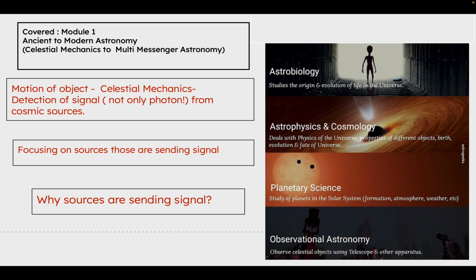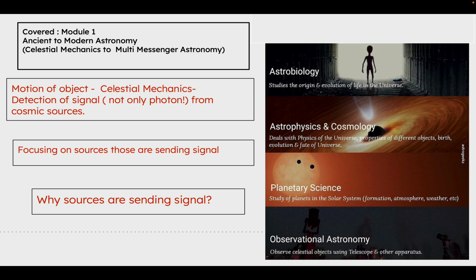People who study observational astronomy observe celestial objects using telescopes and other apparatus. They can observe extragalactic sources or galactic sources. They design telescopes and improve telescope designs for a more detailed understanding of the universe.